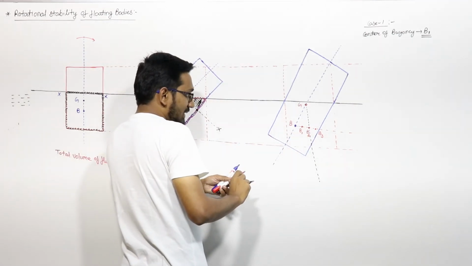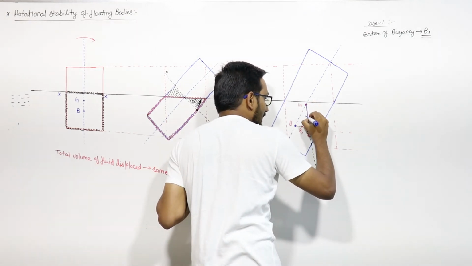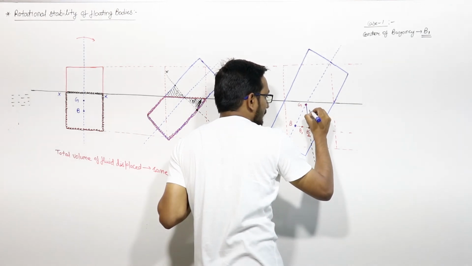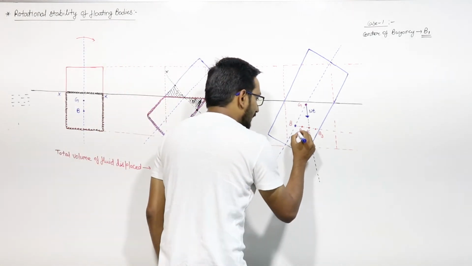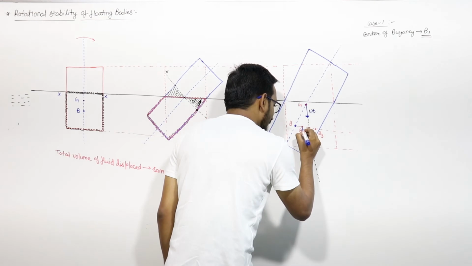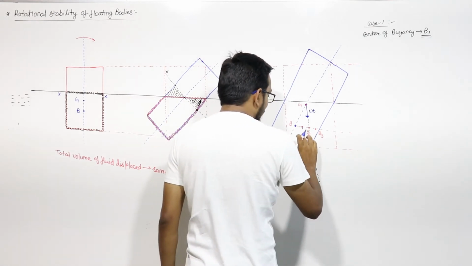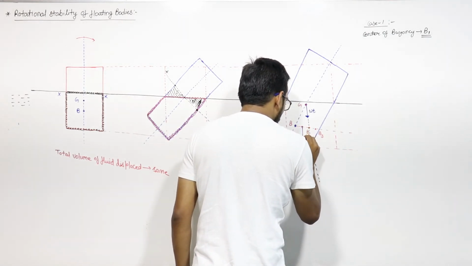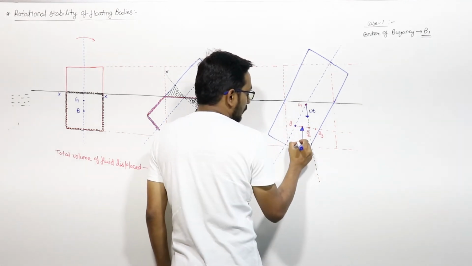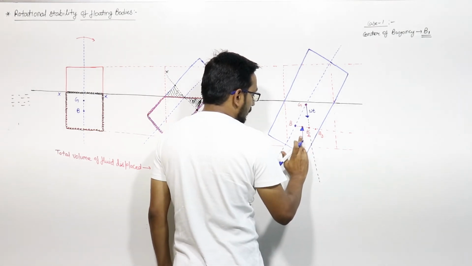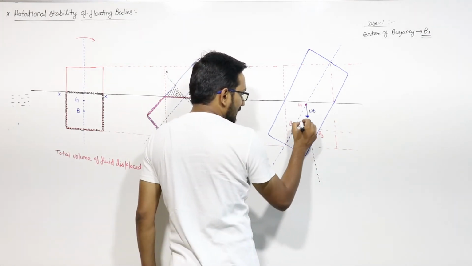We know that from the center of gravity we have a vertically downward force, that is weight, and on the center of buoyancy we will have a buoyant force in the vertically upward direction. Let us say the vertically upward direction is this one. This is the buoyancy force FB.